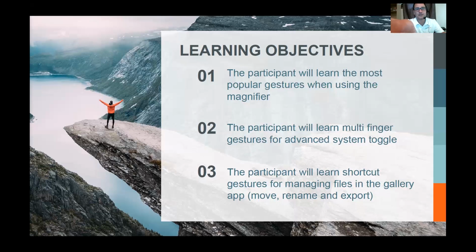Now objective 2 was that the participant will learn multi-finger gestures for advanced system toggle. That really did not go according to plan. We had a Prodigy stop, but I showed you my two finger swipe across the screen, starting from the exterior of the screen.